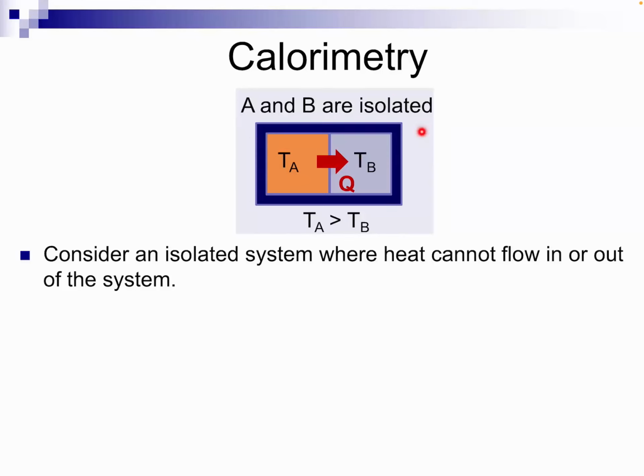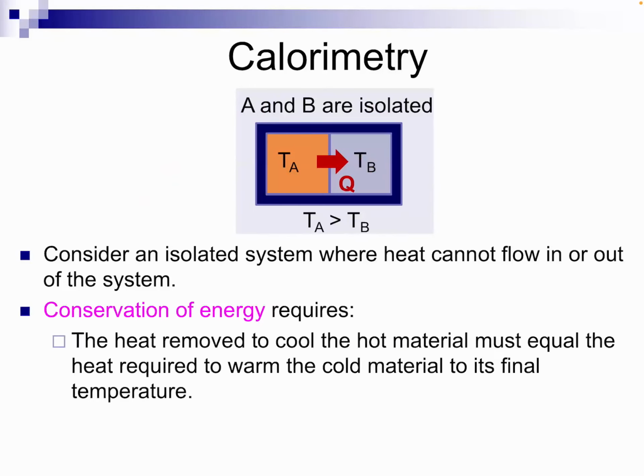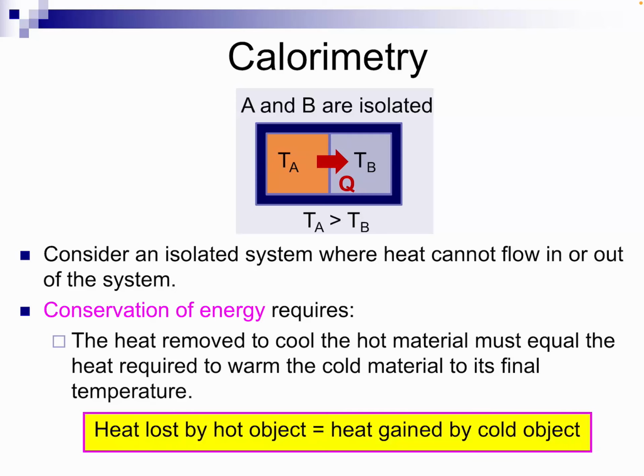If we consider that our system is isolated, meaning no heat can escape to the environment or to other objects, and the interaction is just between objects A and B, then conservation of energy requires that whatever heat is lost by the hotter object should be gained by the colder object. In other words, heat lost by the hot object should be equal to the heat gained by the cold object. Using the concepts of the conservation of energy, we call this calorimetry.